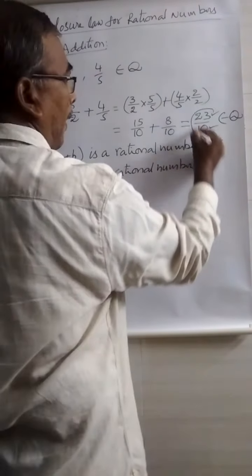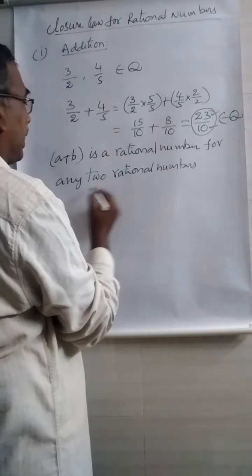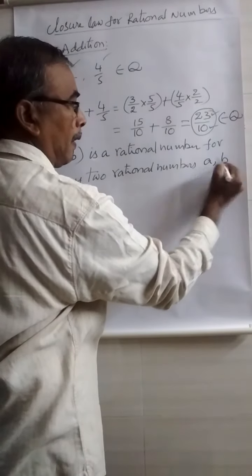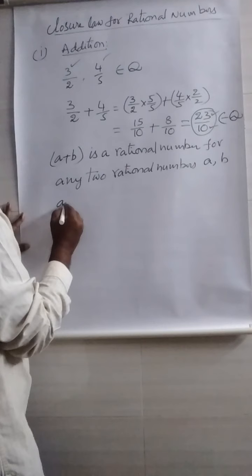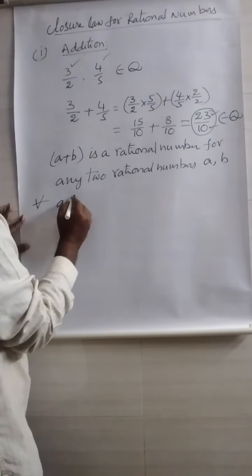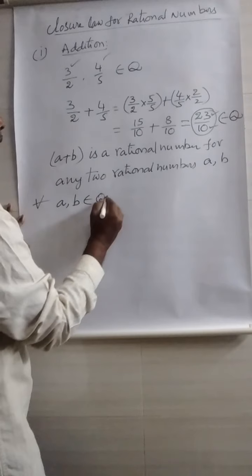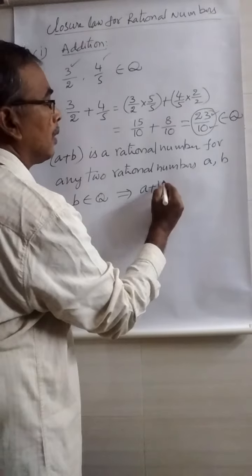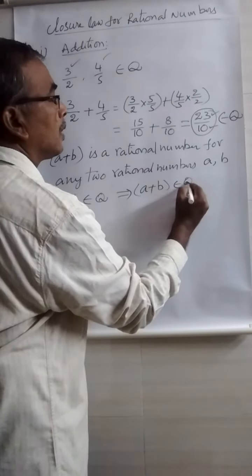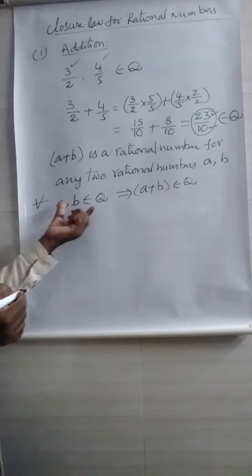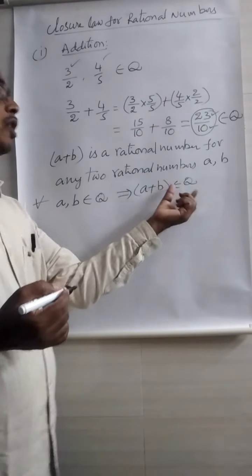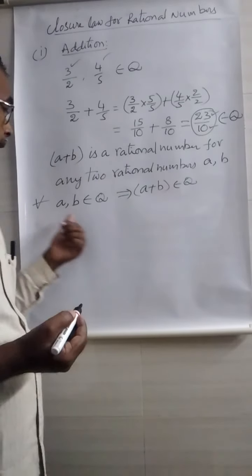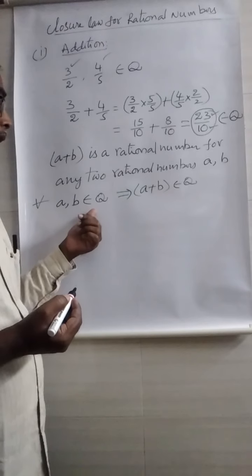That is, for all a, b belongs to Q, that implies a plus b also is a rational number. That means it also belongs to Q. If a, b belongs to Q, a plus b also belongs to Q.